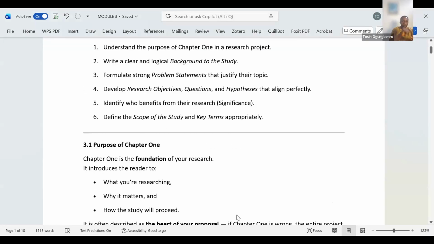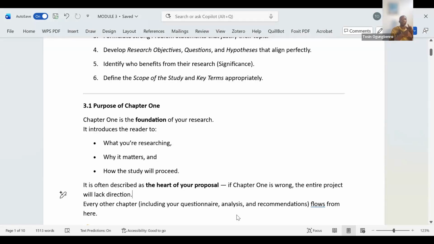Then our problem statement and our objective. I think I touched on the importance of the objective yesterday, and your objective must be very, very sound and strong, because your work is going to be built on it. Your literature review will reflect your objective.